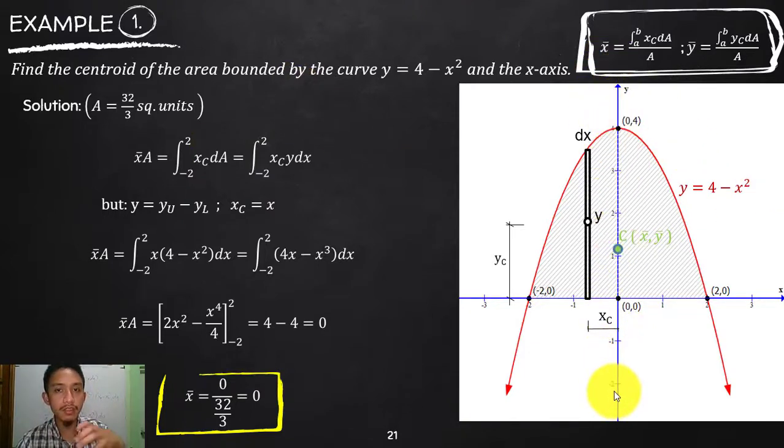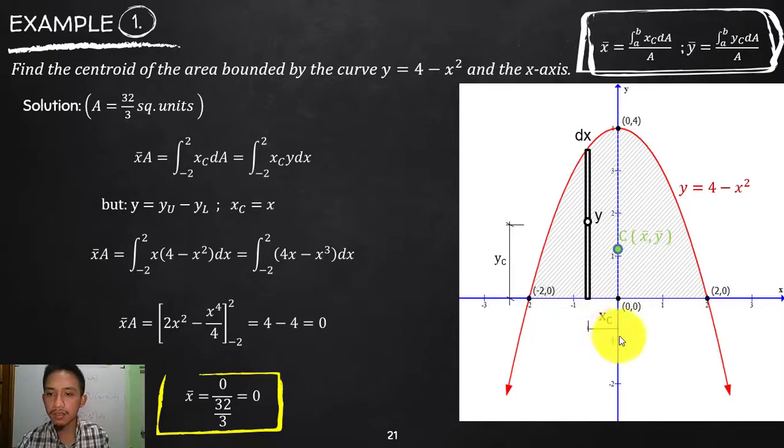Because as I was saying in the discussion of the area of this, it is symmetrical with respect to the y-axis. So it means that the balancing point of that area is somewhere there on the y-axis. All we need to find is the location of that vertically, since horizontally we know that it is at the origin, 0. But okay, let's still try to prove that one.